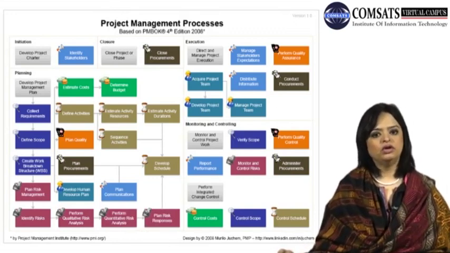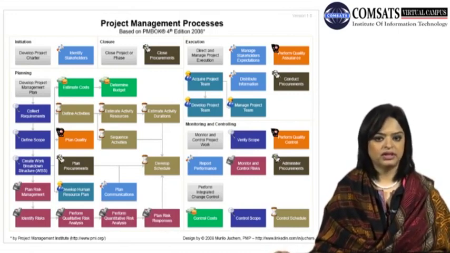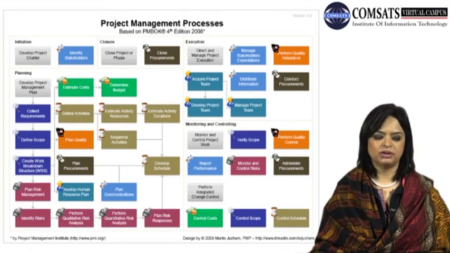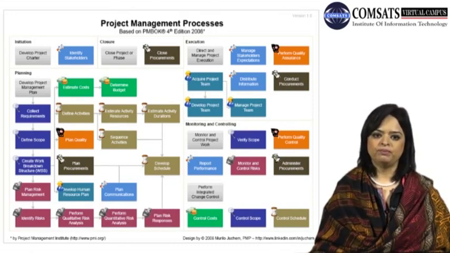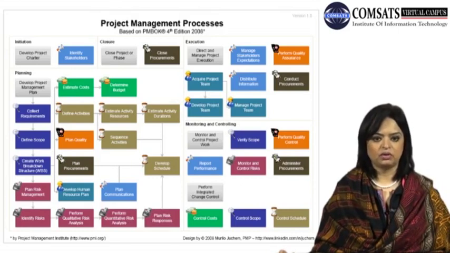If I focus on one of the knowledge areas, and assuming one of the bigger knowledge areas is the project integration management, the first row in the previous slide, the first process within the first phase of project initiation is development of a project charter.